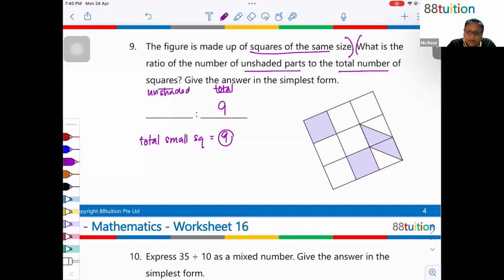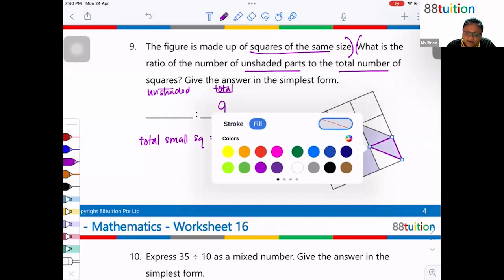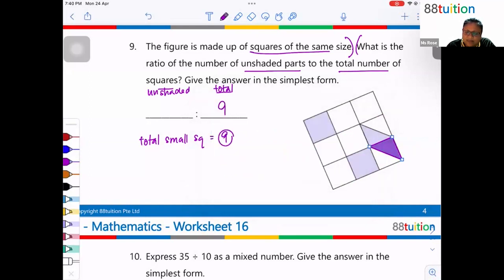Okay, so now notice that this is a triangle, right? So what I do is I take this triangle and I move it here, can or not? Okay, this is not shaded. I take the shaded triangle, the purple one, and then I move it here, can or not? I can do that, right?